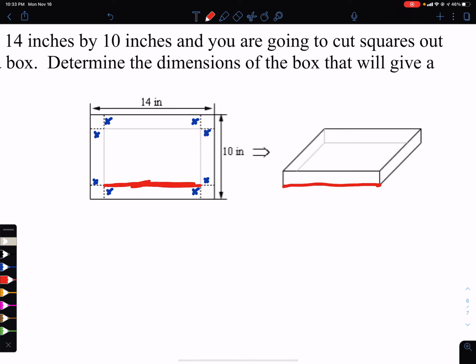And how long is that? Well, it's 14. You chop off the two x's, that will be 14 minus 2x. And then this side here for the box, that's that side there. And the total distance we can see is 10, but I chop off two x's, this will be 10 minus 2x.